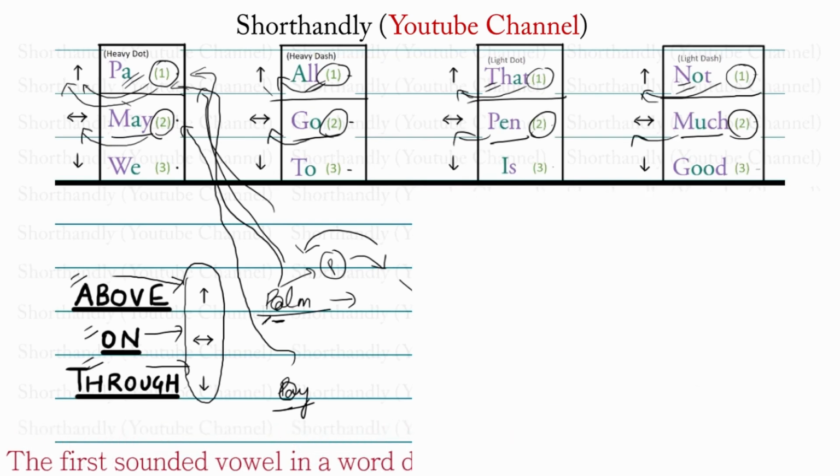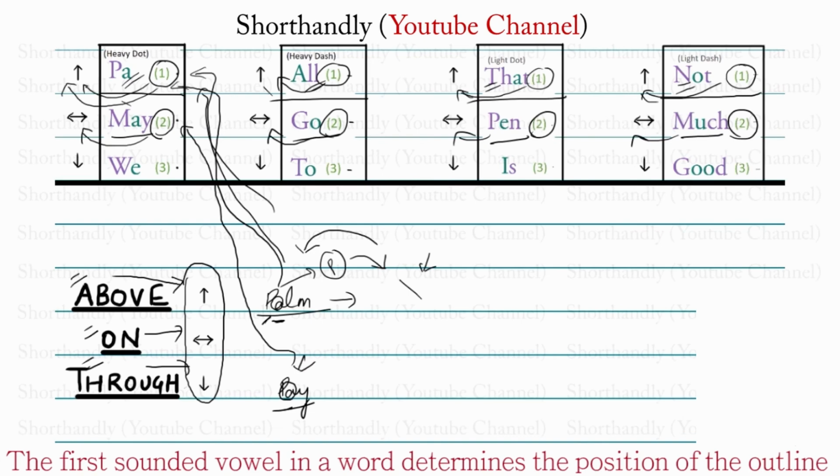So as we have this word "pay", the first vowel sound that we are getting from this word is A, and A is a second place vowel. So this simply means that when the first sounded vowel in any word is a second place vowel, then the outline is written in the second position, or you can also say on the line.